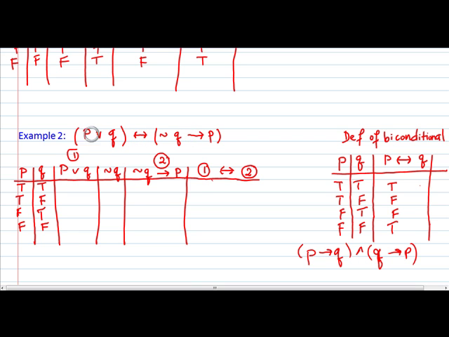So I have this compound statement, and I construct one column for that. This is my other compound statement, and I have one column for that. That's how I know how many columns I need. And then at the end, we construct a whole statement, the if and only if statement for these two compounds.